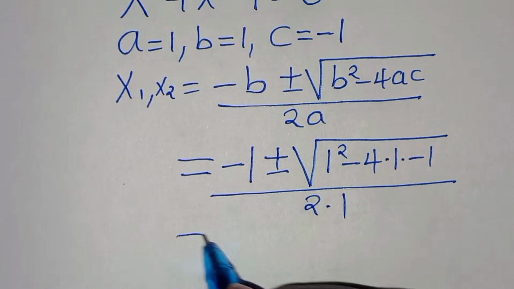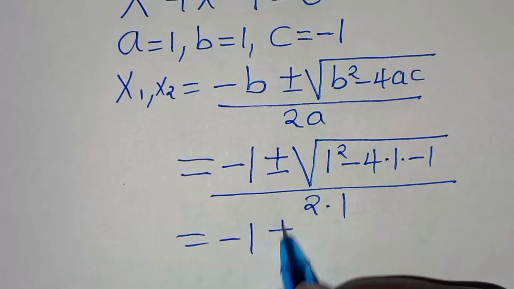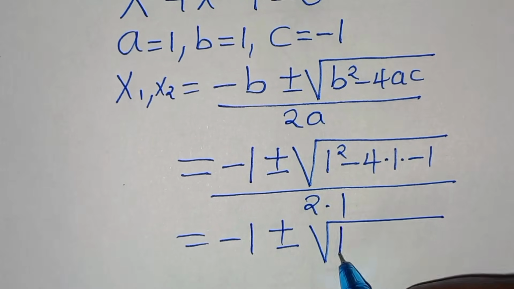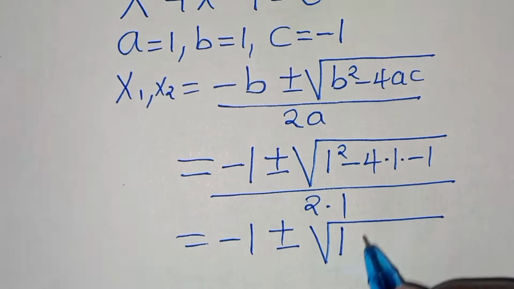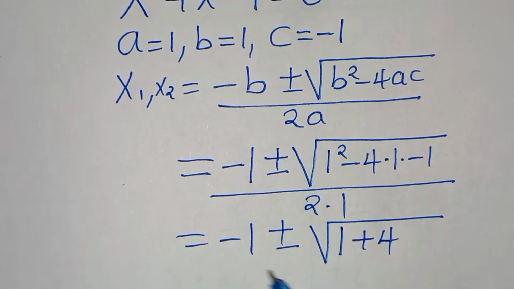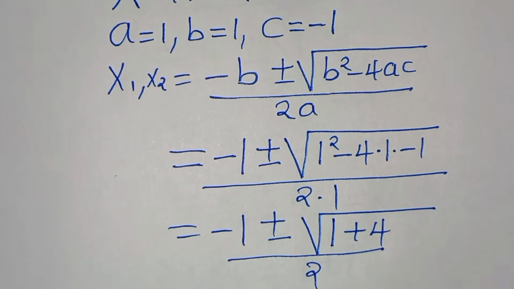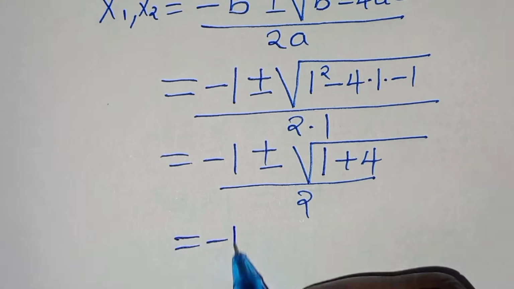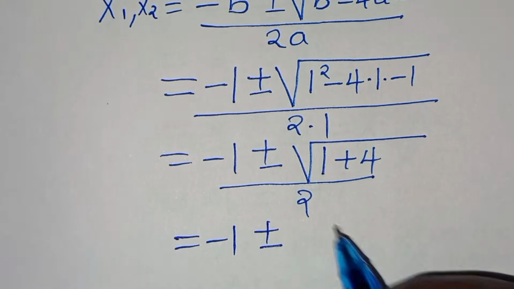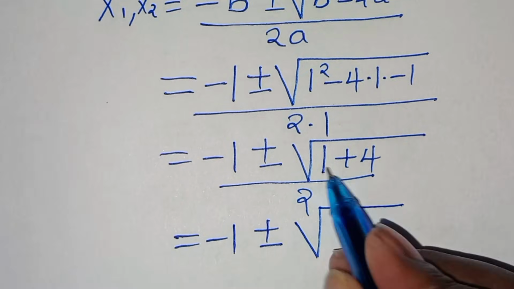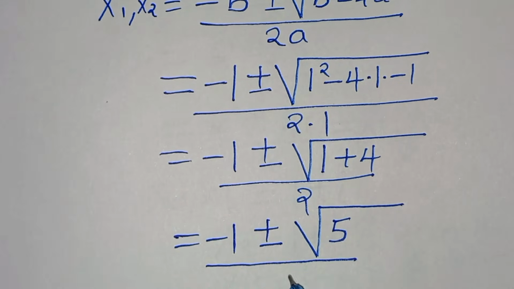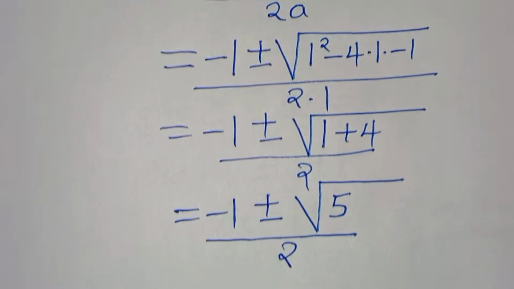So this implies we have minus 1 plus or minus the square root of 1 squared, this is 1, minus 4 times minus 1, this is plus 4, divided by 2. And this implies that we have minus 1 plus or minus the square root of 1 plus 4, which is 5, so we have the square root of 5 divided by 2.